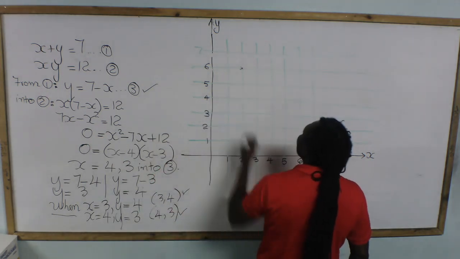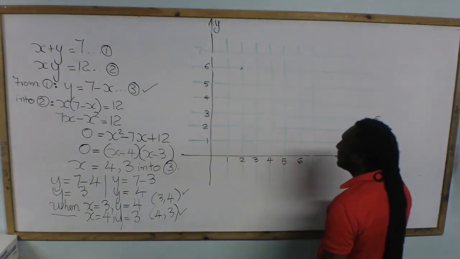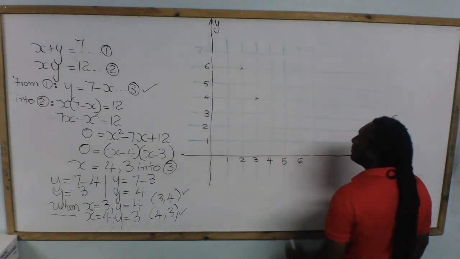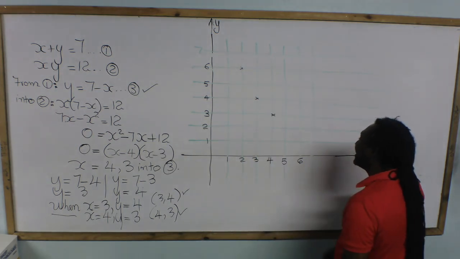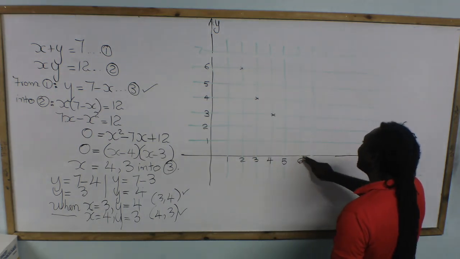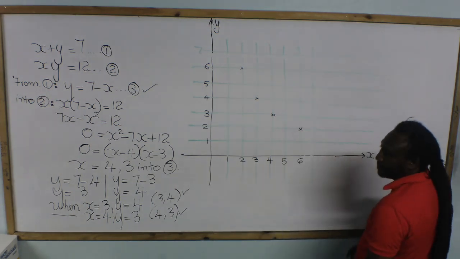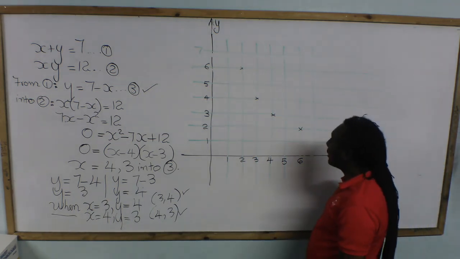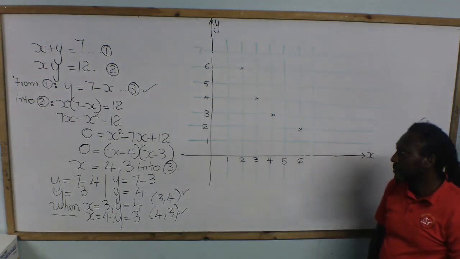It will go to 2, 6. If x is equal to 3, what is y equal to? 4. If x is equal to 4, what is y equal to? 3. If x is equal to 6, what is y equal to? Okay. So the curve will go like that.